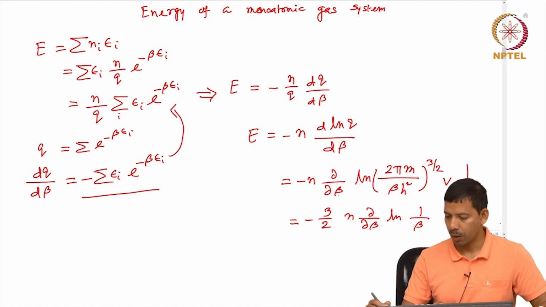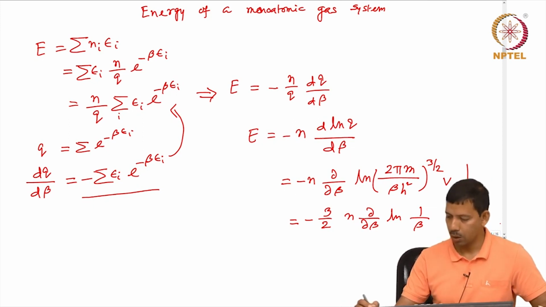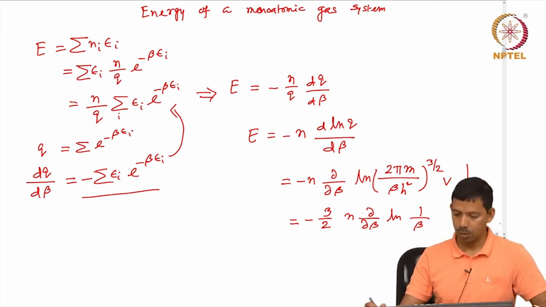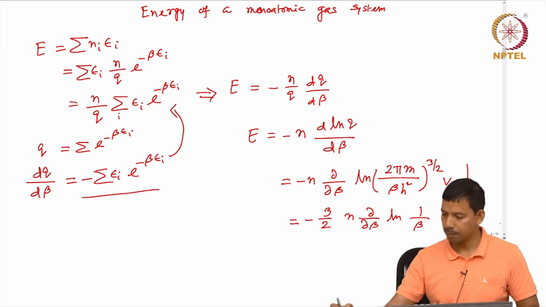We want to keep the volume constant, and therefore we got minus N del by del beta ln (2 pi m by beta h square) to the power 3 by 2 V, and that gives minus 3 by 2 N del by del beta ln 1 by beta.